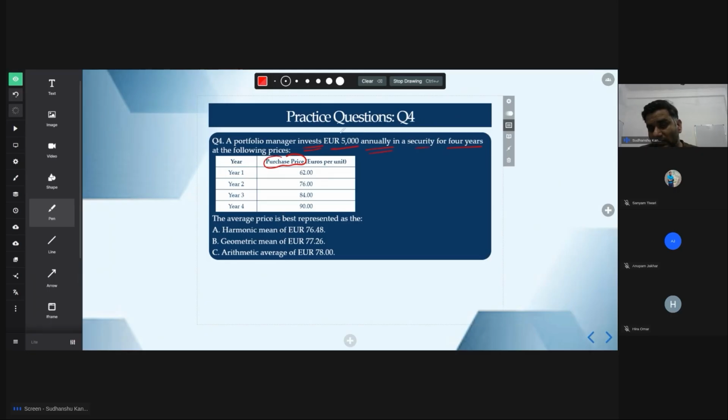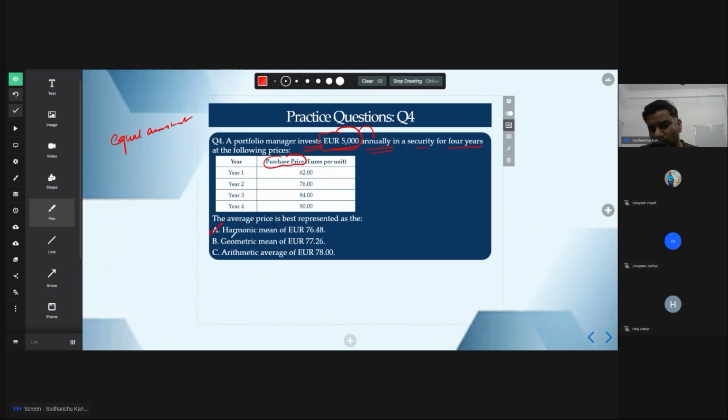I told you very clearly, when you are investing an equal amount, what was the best thing to use there? Arithmetic? Harmonic. Harmonic.